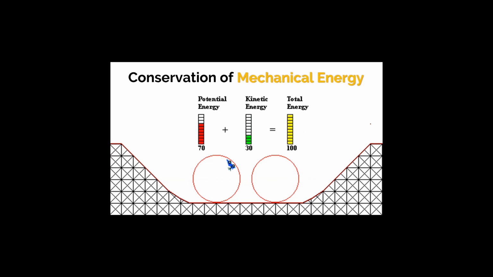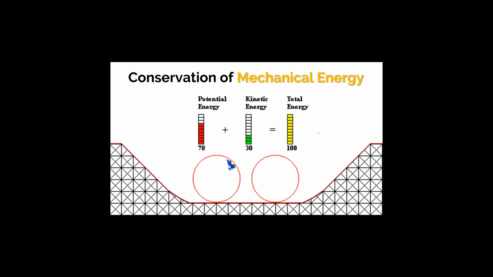So just always remember that potential energy is the energy at rest. If the object starts to move, then its kinetic energy will go up and its potential energy will go down.